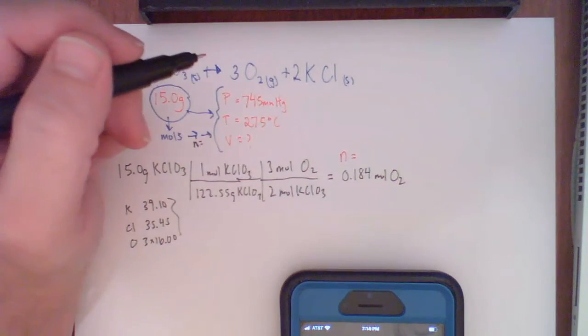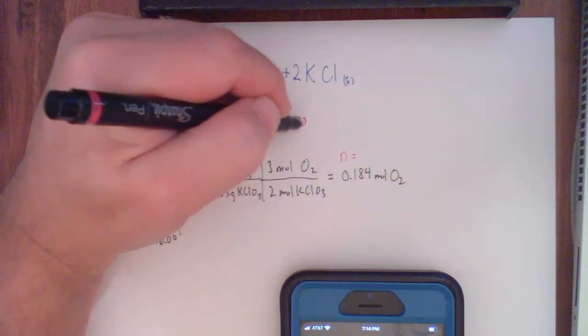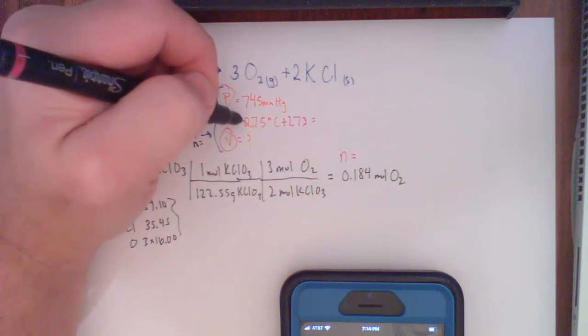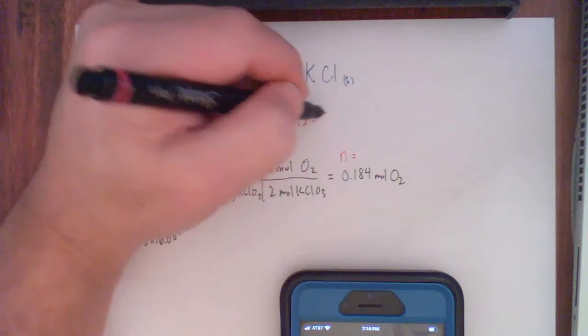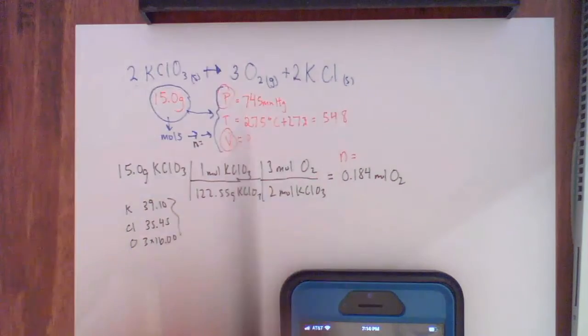So I know my n, I know my P, and I need my V. I do need to add 273 here, so that's 548. Just going to double check that. 273 plus 275. Oops.